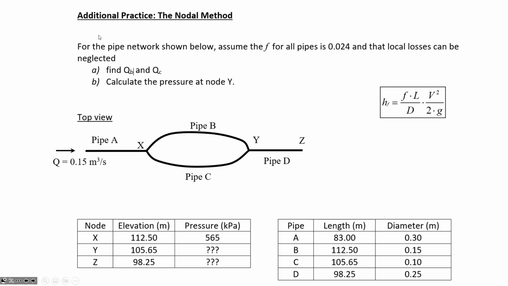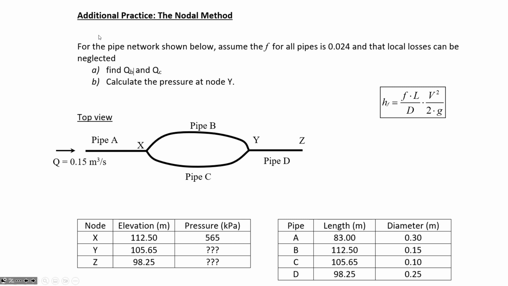Okay, so what you should do is have f_B times L_B times, if we did it in terms of flow rate instead of in terms of velocity, Q_B squared divided by D_B times 2 times g times A_B squared. Remember that V squared is the same thing as Q squared divided by A squared.